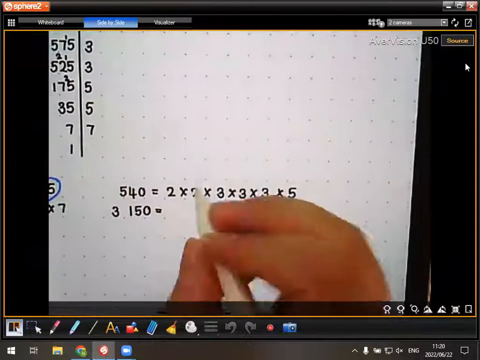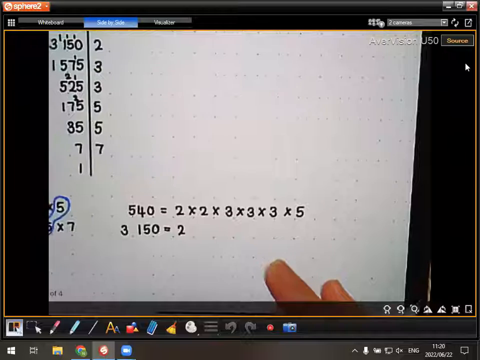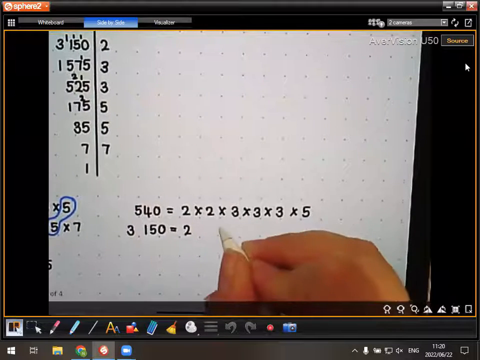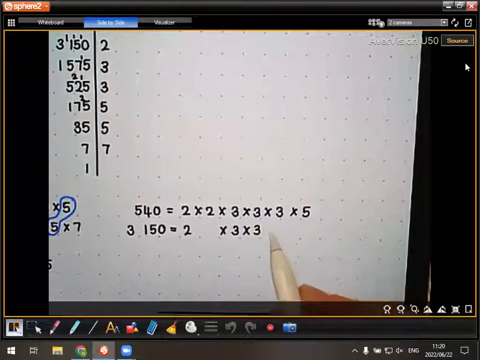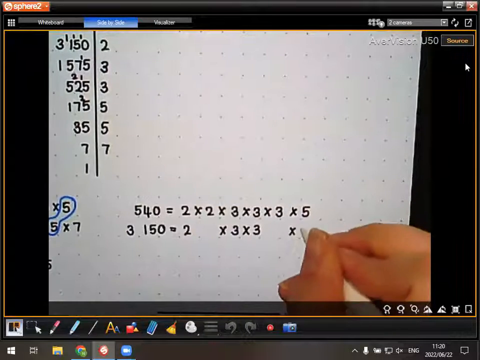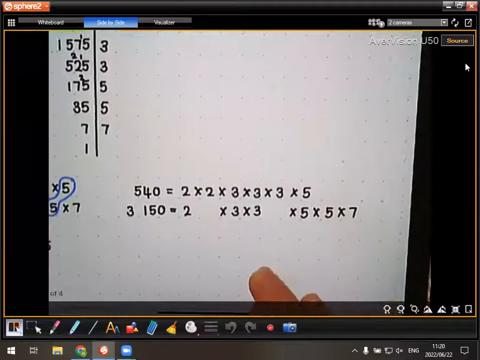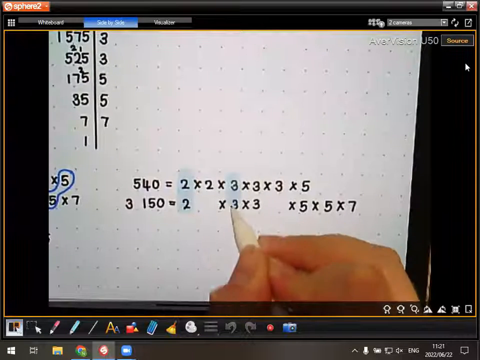So now if I make sure that I have a 2 here in line with that one, then for my 3,150, I didn't have another 2, so you can leave that kind of open. Times, there were 2 3s like that. We didn't have a third 3, we have 2 5s, so then you can do a 5 times 5 times 7, like that. Right, then you can just kind of group them based on the ones that are in line.